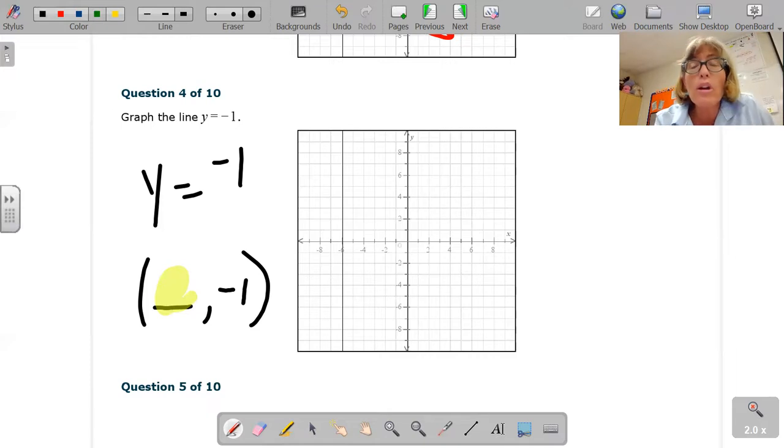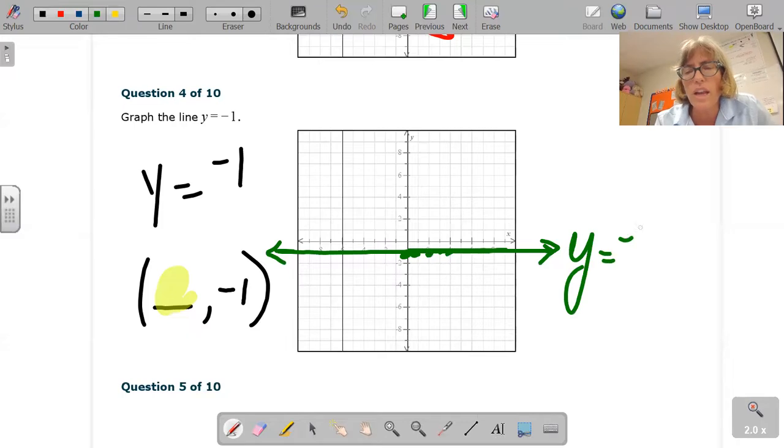So (0, -1), looks like this. (1, -1), (2, -1), (3, -1), (4, -1). So a horizontal line, y equals -1. All horizontal lines are y equals lines.